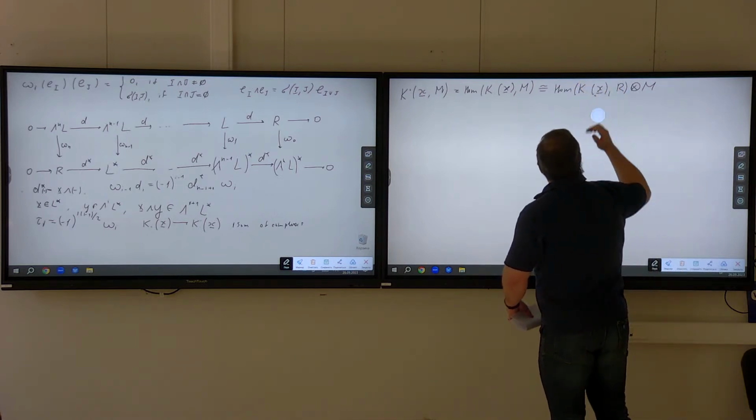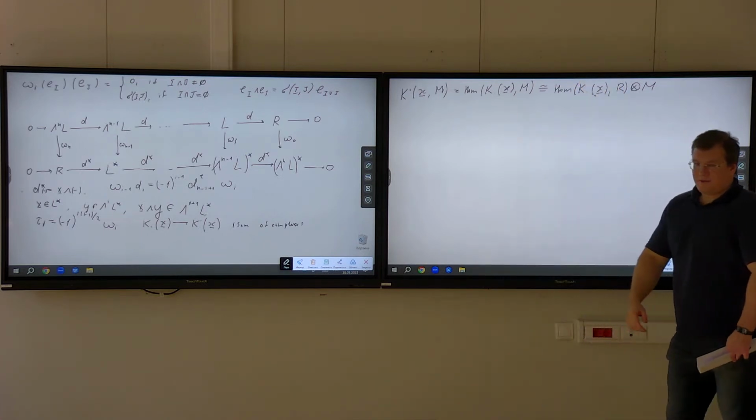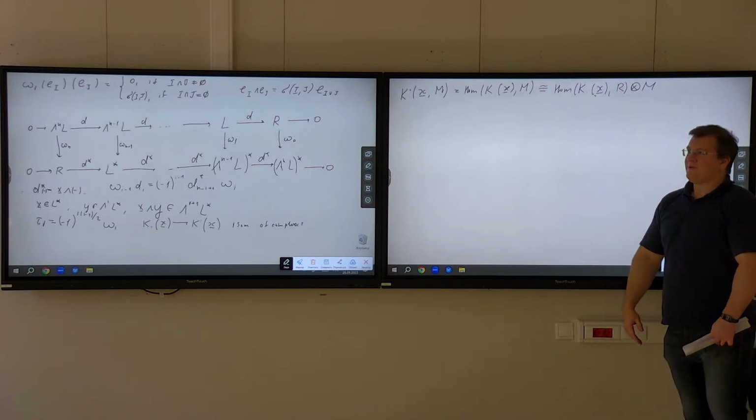Why is it true for an individual module? I'm using something from commutative algebra.